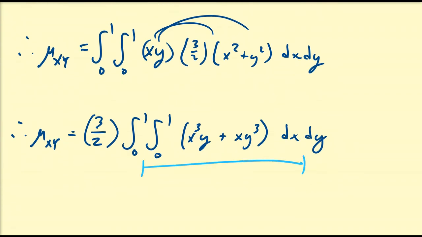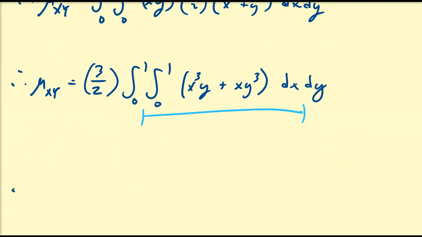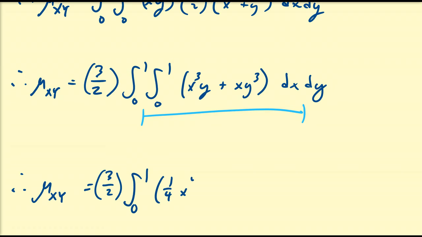I'm going to begin by focusing on my x integral here. That should be capital Y, always. So this is going to be equal to 3/2 times the integral from 0 to 1. So I'm integrating with respect to x, so that's going to turn into 1/4 x^4 y plus 1/2 x squared y cubed, as x goes to 1, x goes to 0, dy.